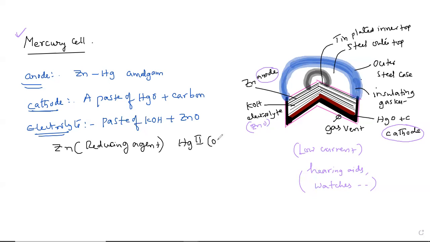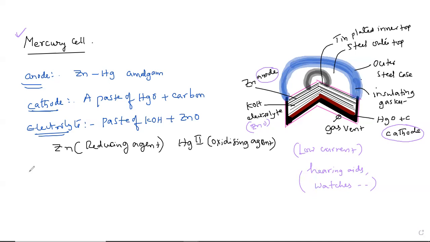So zinc undergoes oxidation and mercury undergoes reduction.